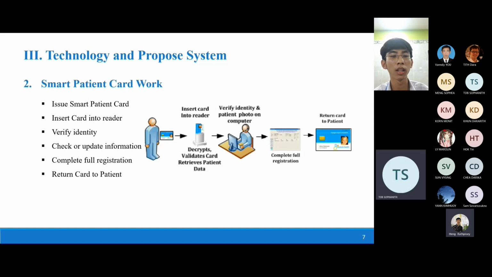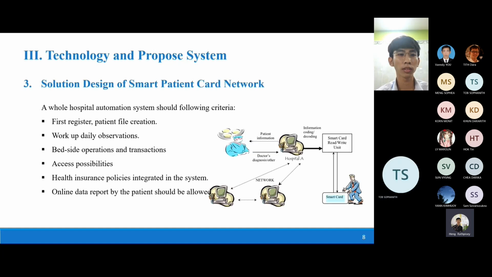Then the patient enters their individual PIN code to verify identity to the doctor, who is approved to access patient information. After that, the doctor can check or update information and complete full registration, then return the card to the patient.